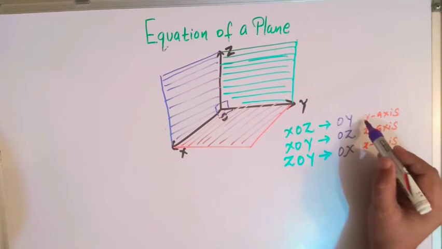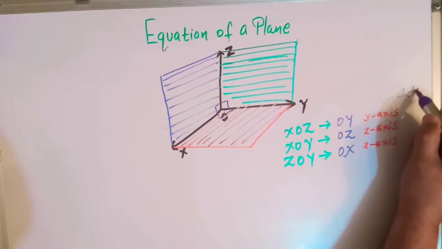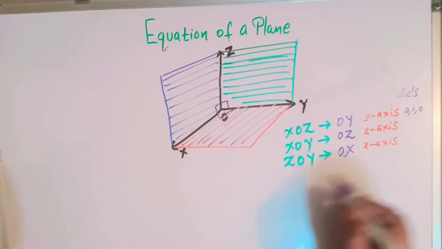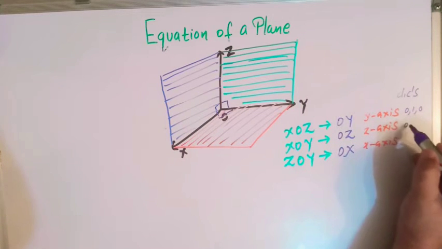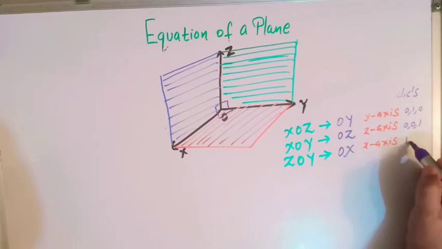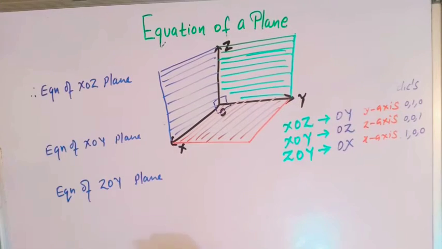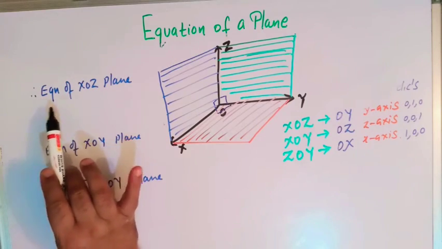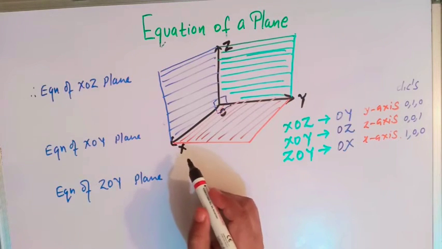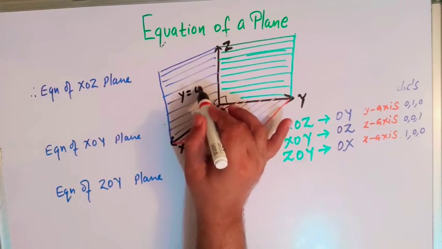Now viewers, we know that the direction cosines of y-axis are 0, 1 and 0, right? The direction cosines of z-axis are 0, 0 and 1, and the direction cosines of x-axis are 1, 0 and 0, right? Now viewers, if we wish to find the equation of XOZ plane, then we know that any point which lies on XOZ plane has y coordinate 0, right?